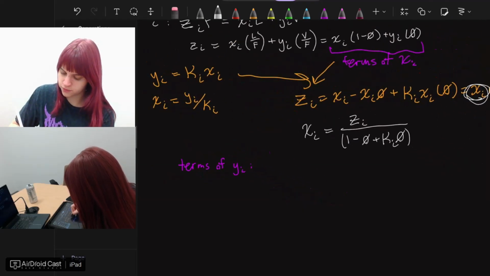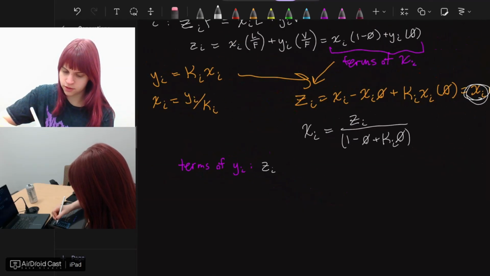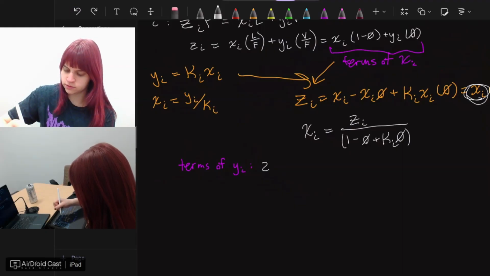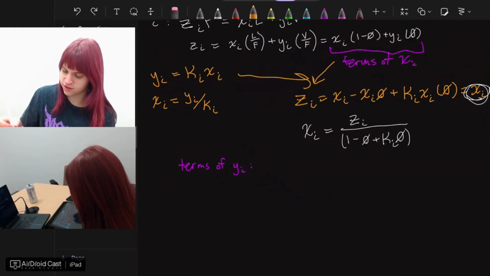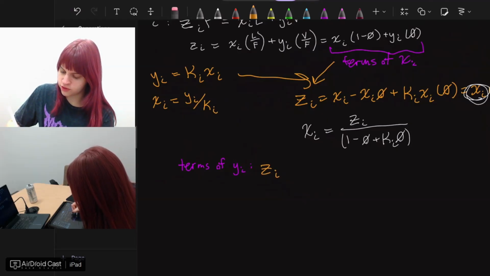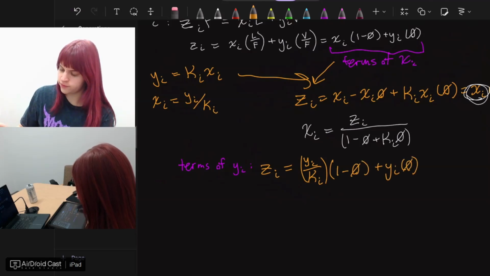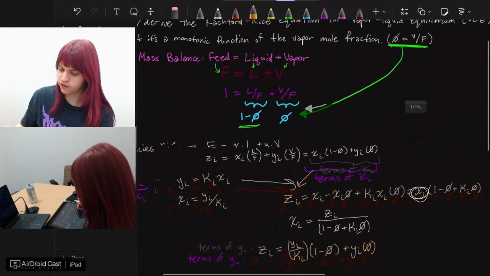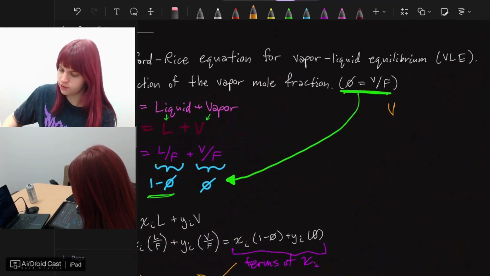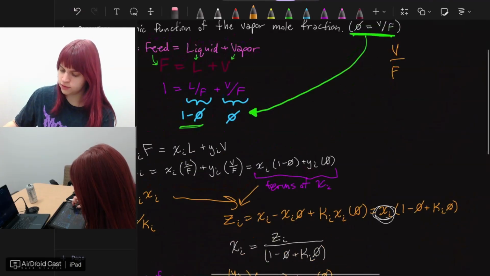We would have Zi, I guess I'll do this in orange as well to keep it somewhat consistent. We have Zi is equal to xi, which is yi over ki, times 1 minus phi, plus yi times phi. And remember that this phi is the vapor over the feed.